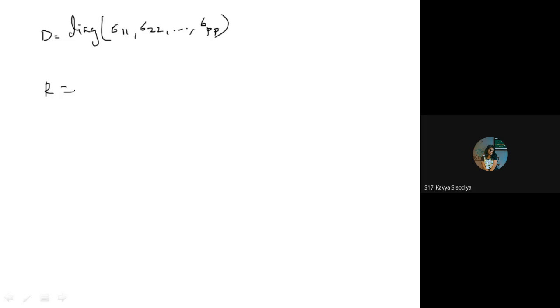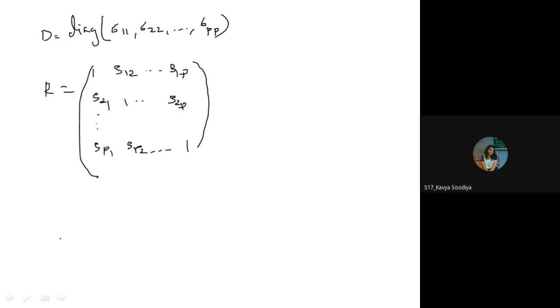R is equal to 1, rho 12, rho 1p, rho 21, 1, rho 2p, up to rho p1, rho p2, and the last is 1.